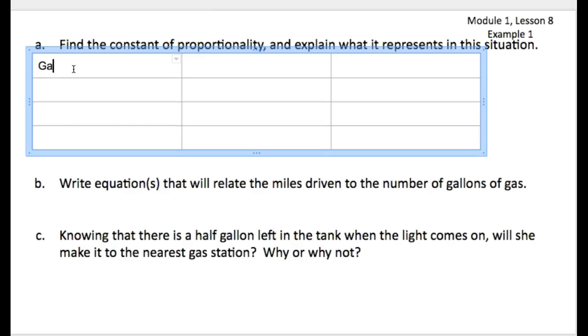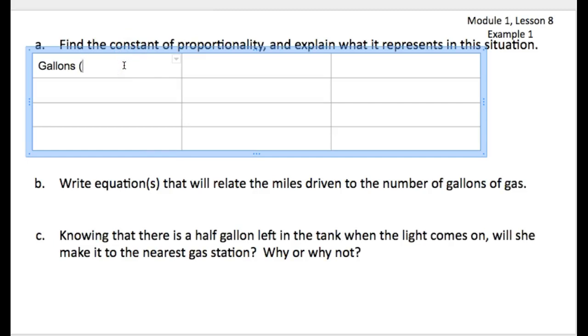So we know that our gallons are going to represent our x, and our miles driven will represent our y, and here we have our unit rate, the constant of proportionality.